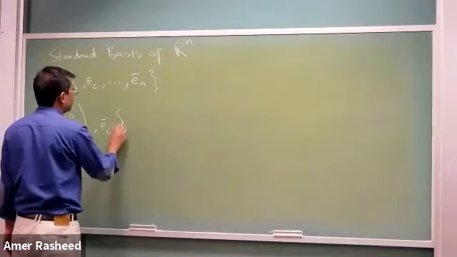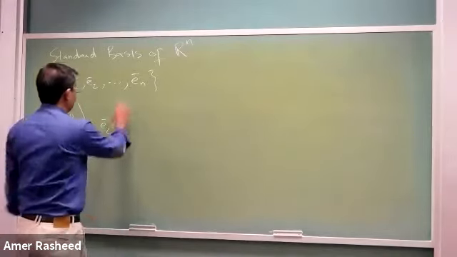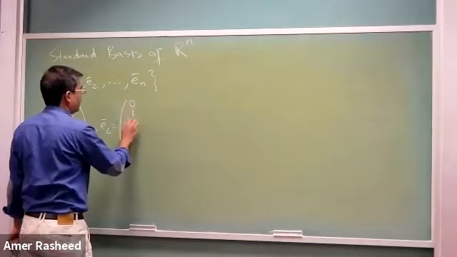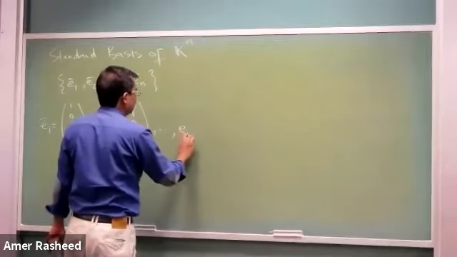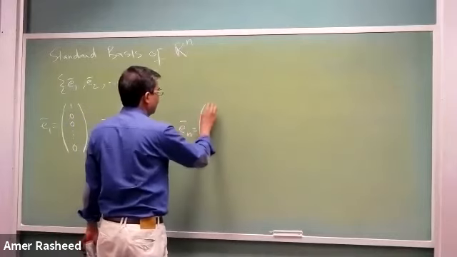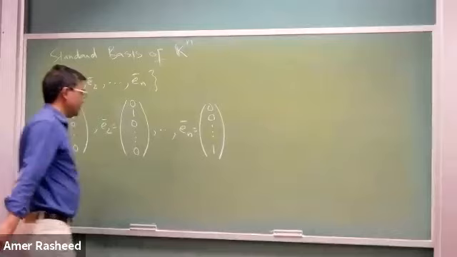e2 is a vector 0, 1, 0, so on, 0, and so on. en is a vector having all zeros and a 1 in the last position.